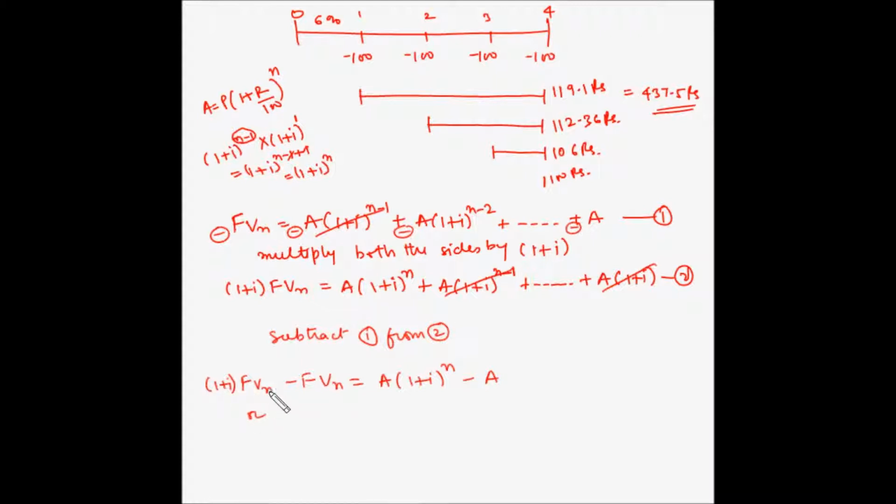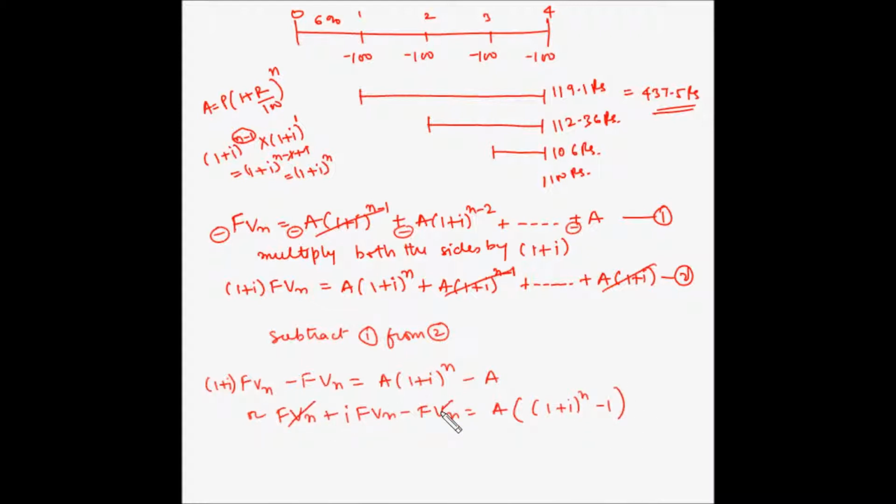So 1 into FVN is FVN plus I into FVN. So I FVN minus FVN is equal to a into bracket 1 plus I to the power n minus 1.